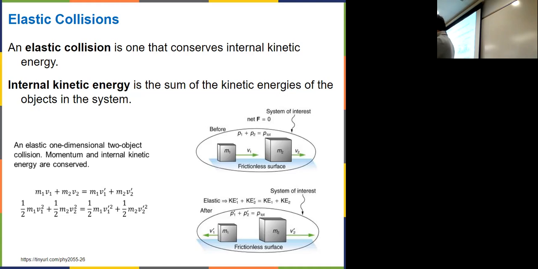If you are given the masses of the two objects and their initial velocities, you should be able to figure out their final velocities. This is the initial momentum, this is the final momentum, and they equal each other. This is the initial kinetic energy, this is the final kinetic energy, and they also equal each other.